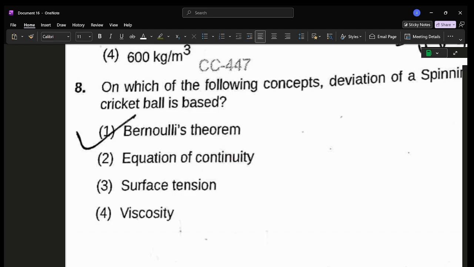This is due to cohesive force. I just want to check if I'm recording. Yeah, it is. Okay, next. The examples: water droplets are spherical in shape. That's the reason.